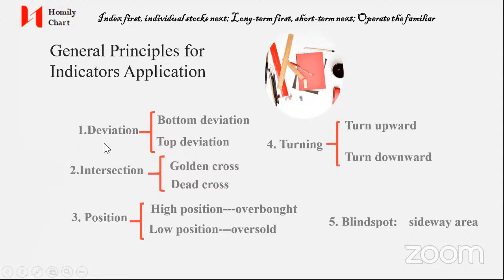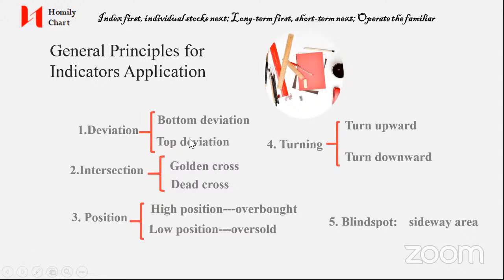If you have learned deviation expert, then you know the bullish divergence, bearish divergence. So here it is put as a bottom deviation and top deviation, but it's the same thing. Bottom deviation means bullish divergence. Top deviation means bearish divergence.